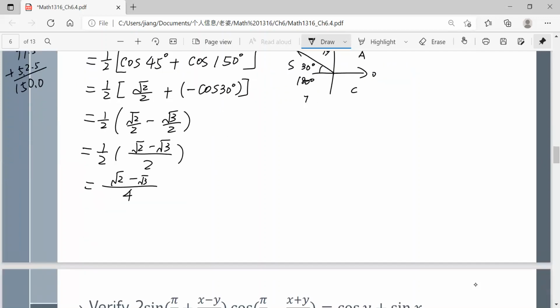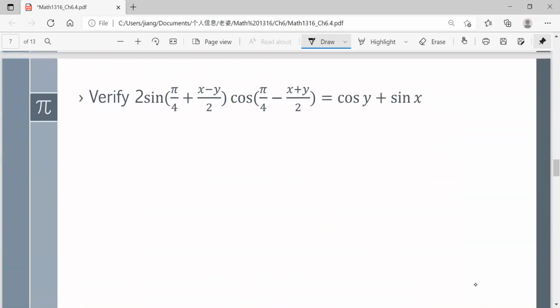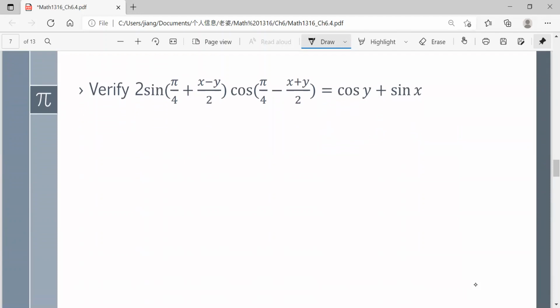Okay, let's move on to see the next one. Verify these identities. So let's see how to verify this one. Let's start from the left-hand side because it seems hard, seems complex. So the left-hand side equals 2 times, you see, here is sine times cosine.